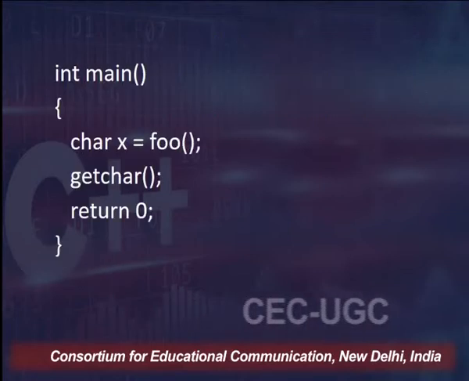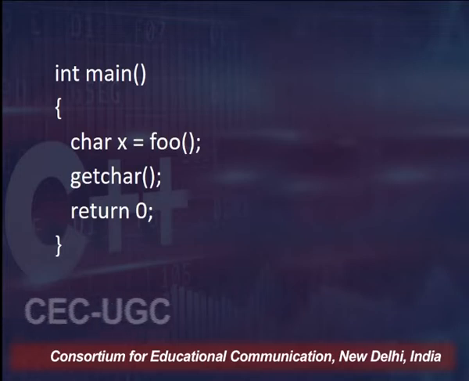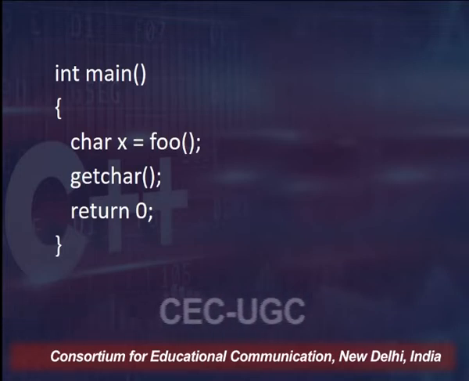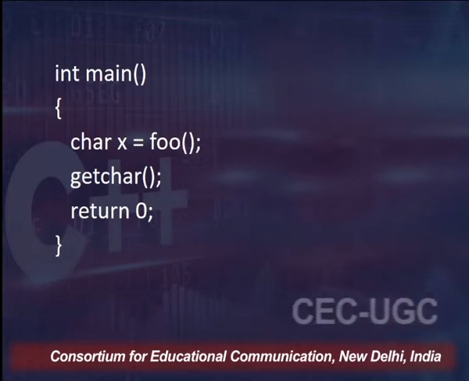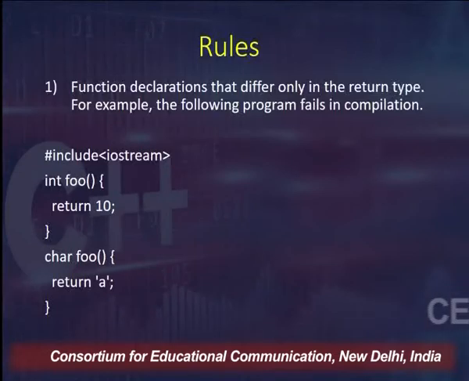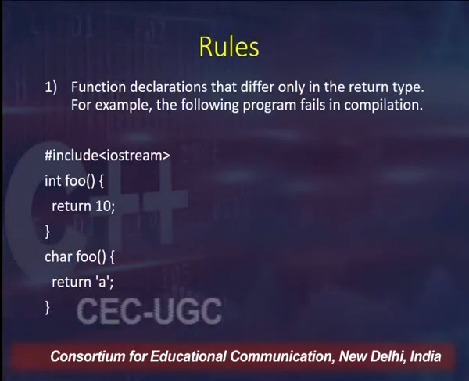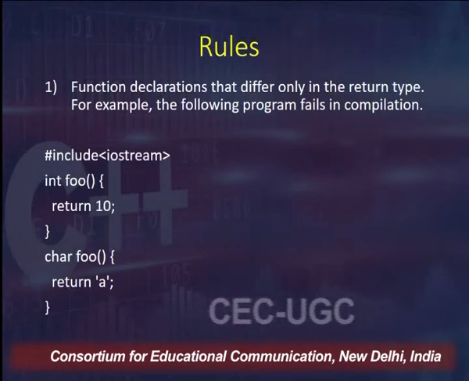Now what will happen if I call these functions, for example char x equals foo, or something of that sort? The point here is it is not going to compile even. This program fails in compilation because, as I have told you, function overloading is a compile time polymorphism.